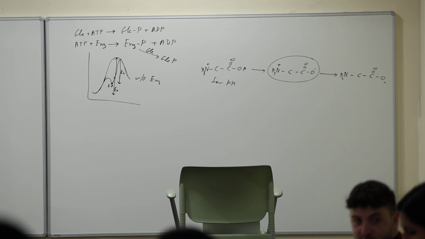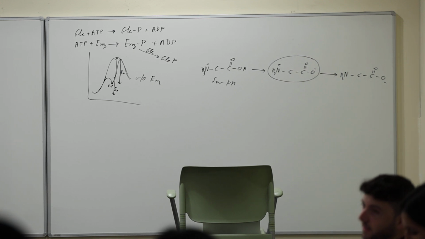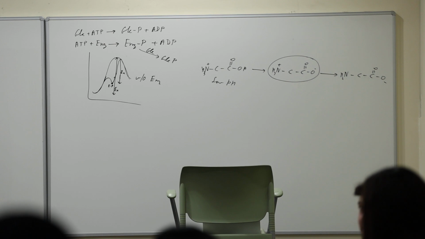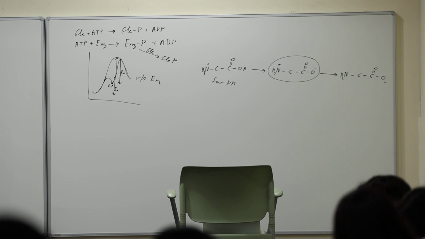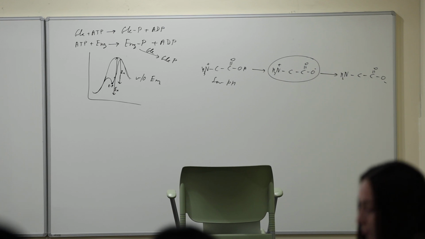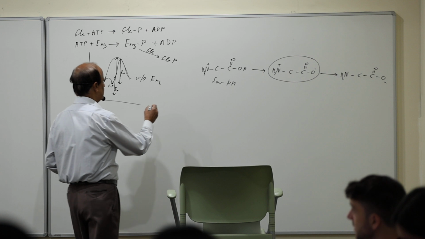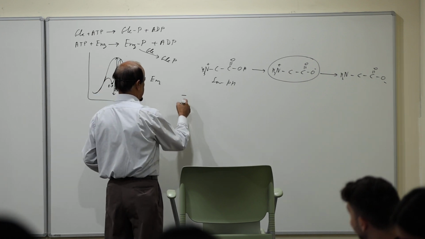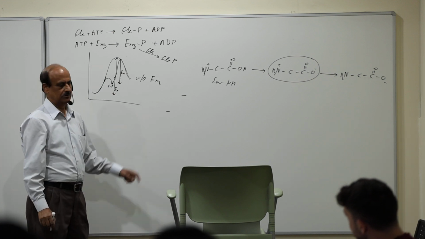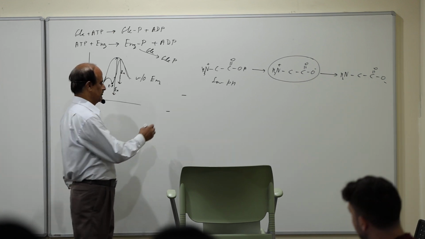Yes. For the thermodynamics, what does it mean by activation of the synthesis? That's true for all the synthesis reactions. Whenever you are synthesizing something, the general idea is that the energy of the product is here and the energy of the reactant is here, so you're going to a higher energy level.